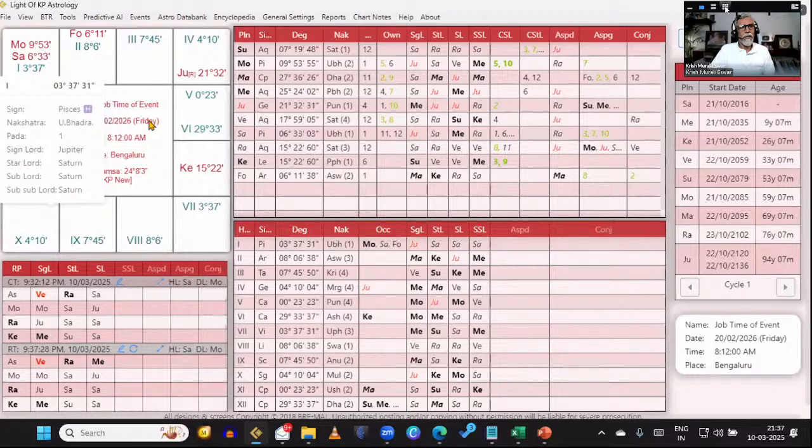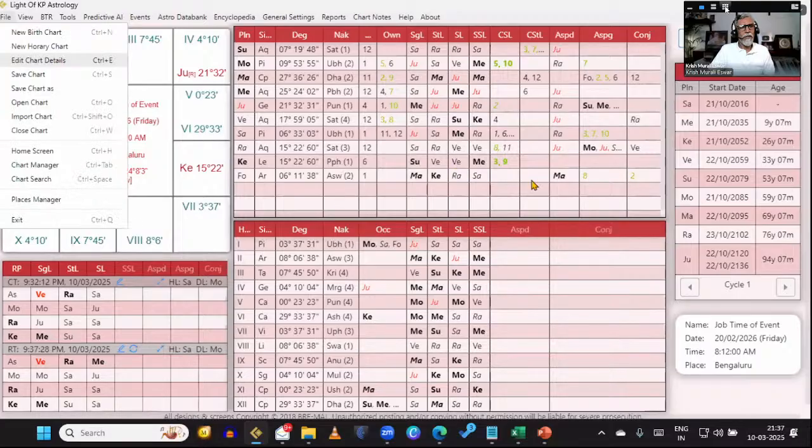Jupiter sign, so it is in Saturn Rahu, but it is in Jupiter sub. We don't want Jupiter sub. Let us take a Saturn sub.